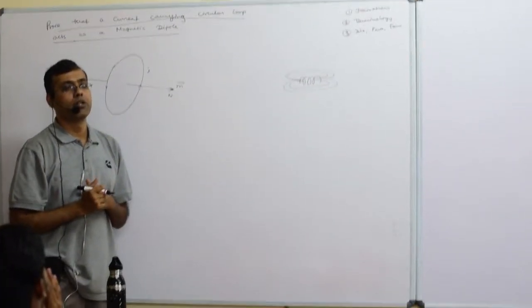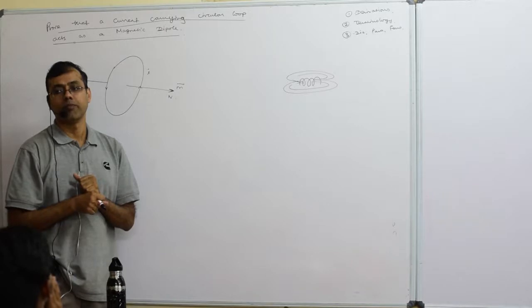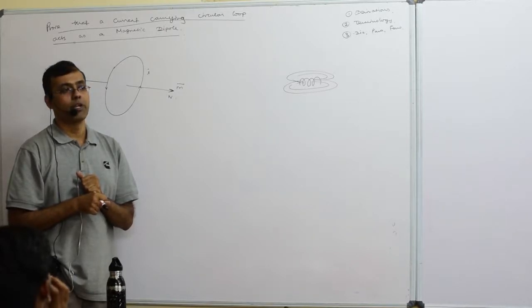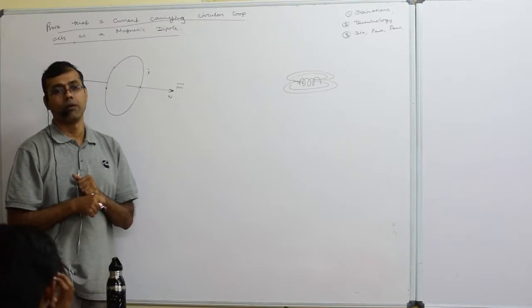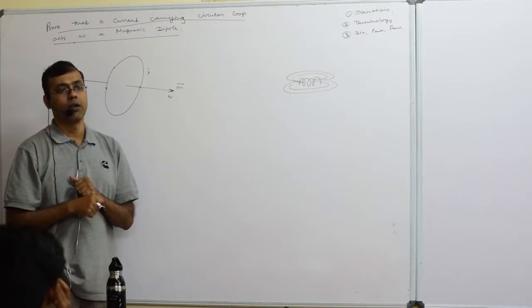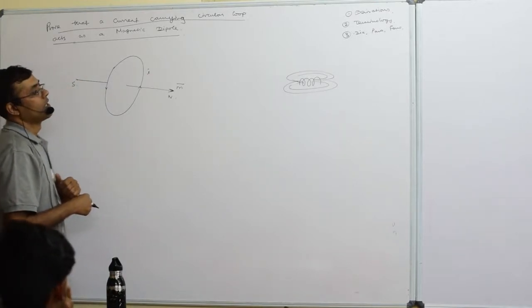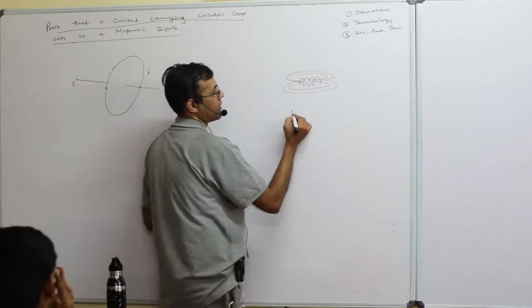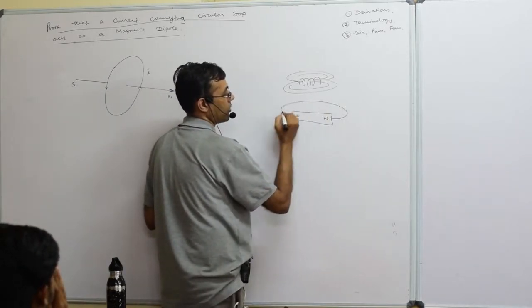Do you folks remember the dipole moment direction? Which way is it? Plus to minus or minus to plus? No, it is actually minus to plus. Dipole moment direction. Even here in the magnet, if I take this as north and this as south, it will go like this.